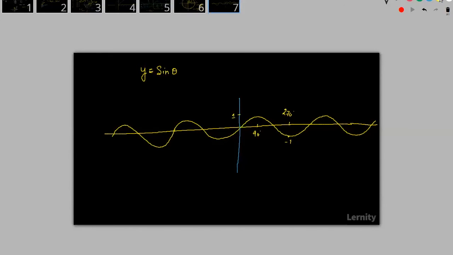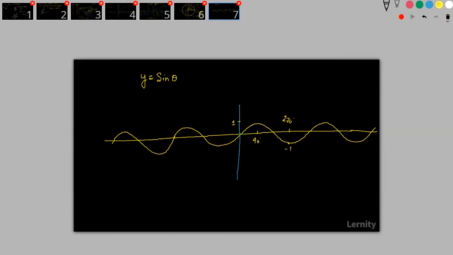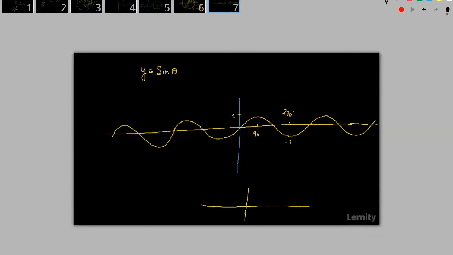Now see, a few things to remember. Is drawing the curve supposed to be accurate? No, bacha. Look, this is also not exactly accurate. Here it is a little low, here it is a little above, but it should look something like this. You cannot make a sine curve like this. This is not a sine curve, and here you are making boxes.